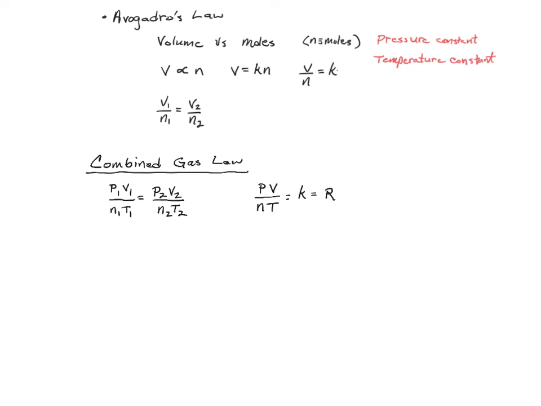It's called the gas constant. Okay, and that equals 0.0821 liter atmospheres per mole Kelvin.